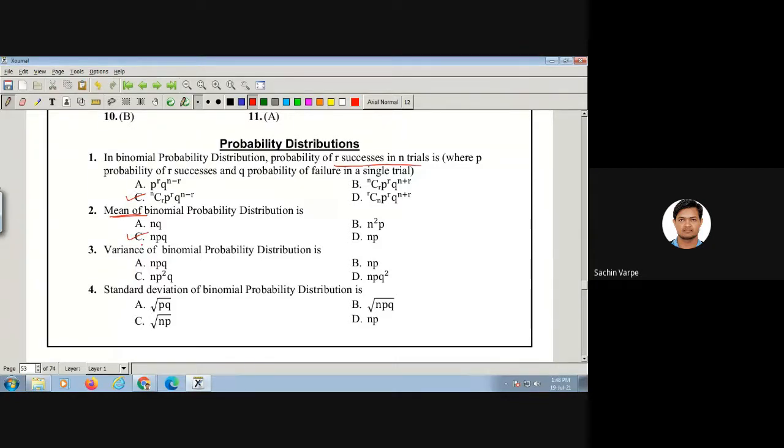And what is the variance? Actually, the mean is NP and the variance is NPQ. I have to check it.